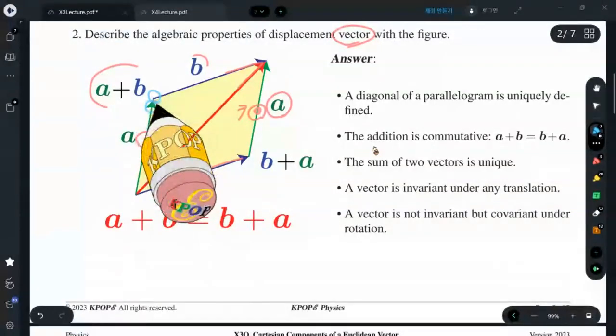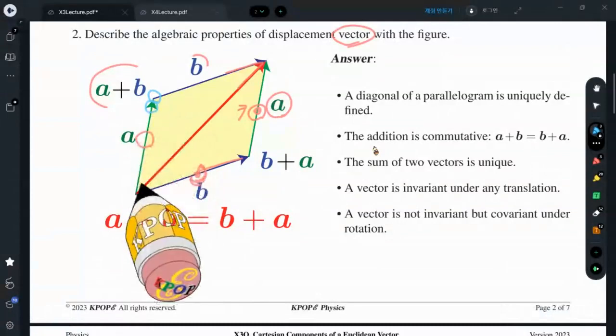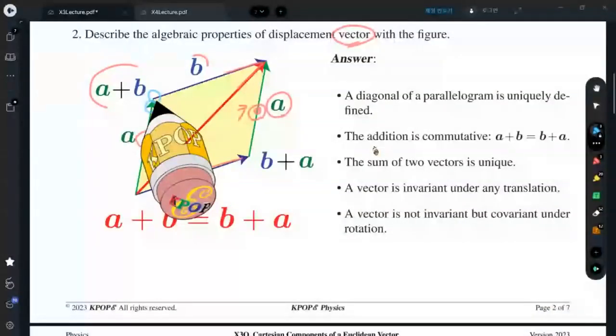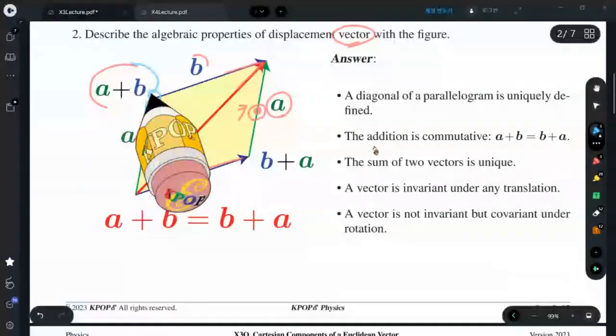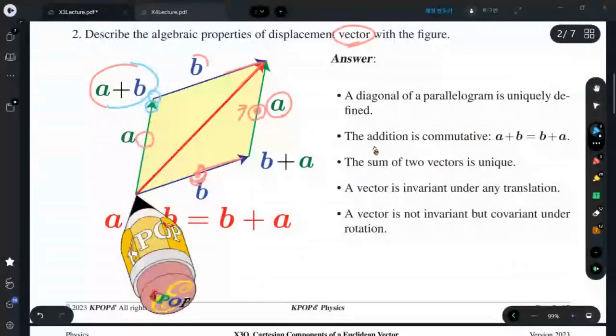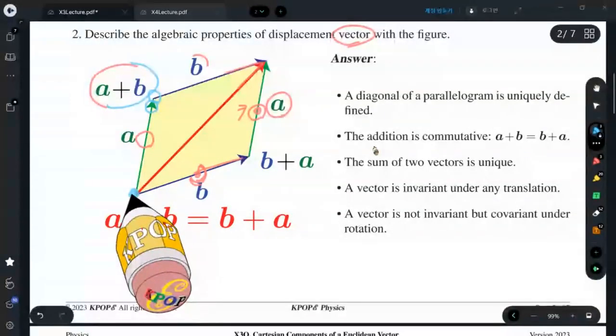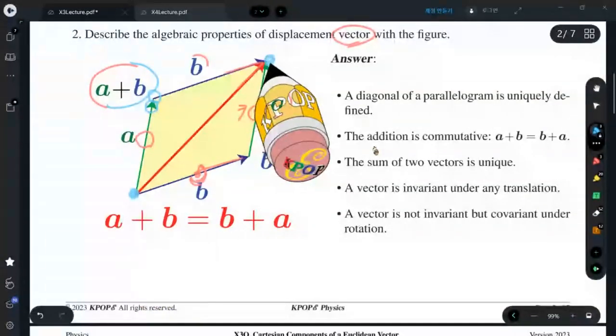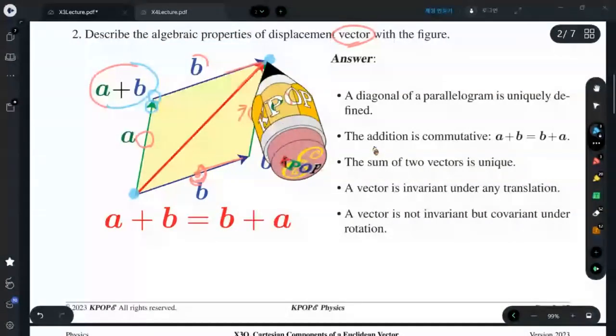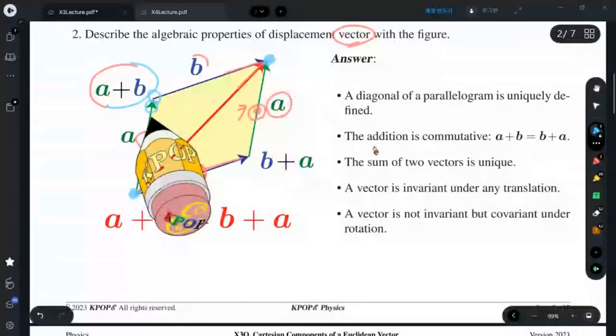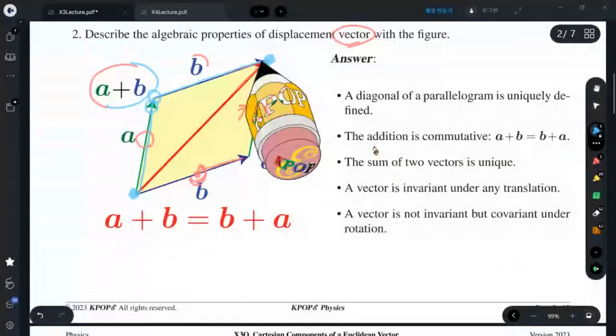When the head of a vector is connected to the tail of another, the sum of these two vectors begins with the very end tail and ends at the very end of the head. So this is A plus B.